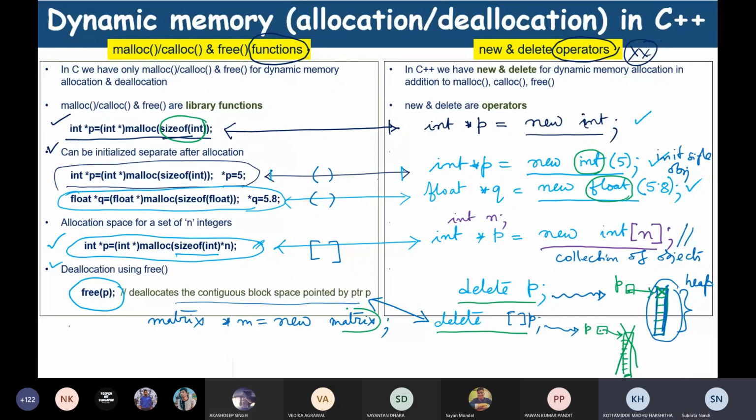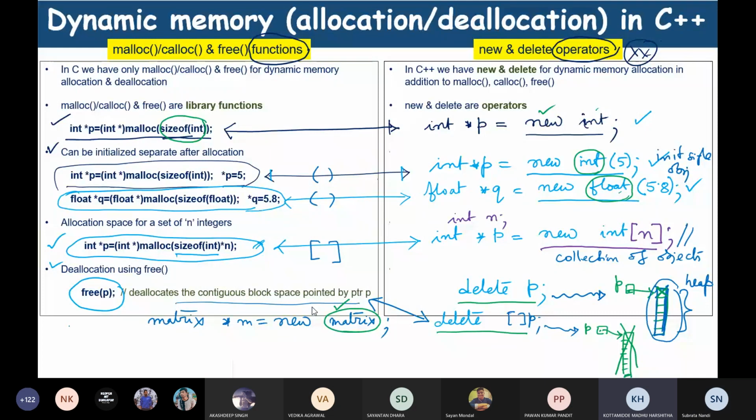So this new was an operator which was overloaded for allocating space for an integer object, for a float object, for some other type of objects, but it can also be forced to be overloaded so that it can allocate a matrix object, which is a user defined, a new class that a user defines.